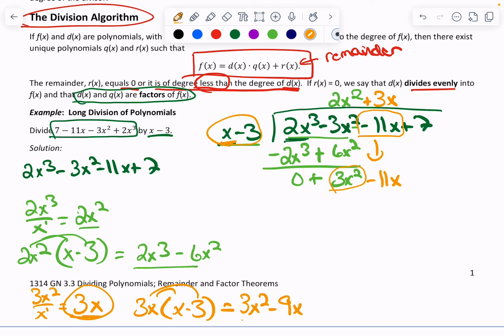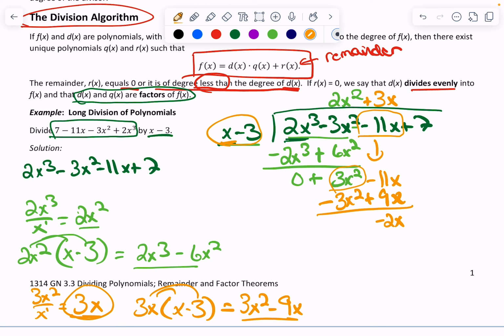We're going to write this right here underneath. Again, we're subtracting, so we're flipping the signs. Negative 11x plus 9x is negative 2x, and the 3x squared and 3x squared cancel each other out.